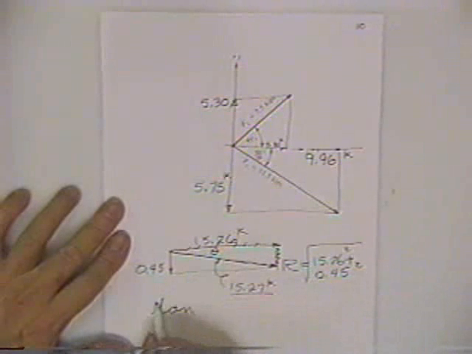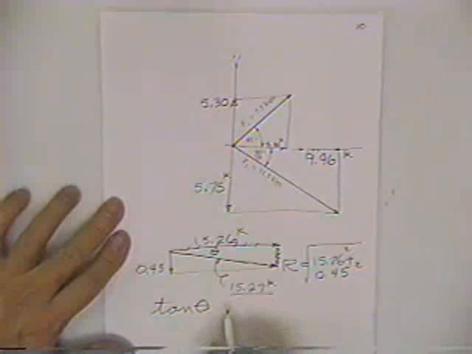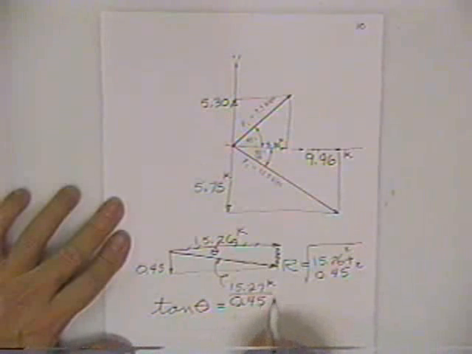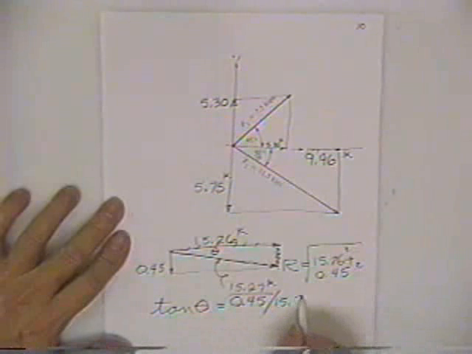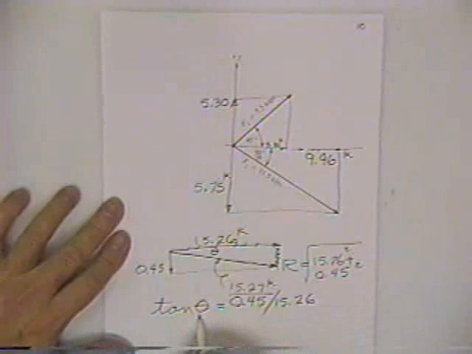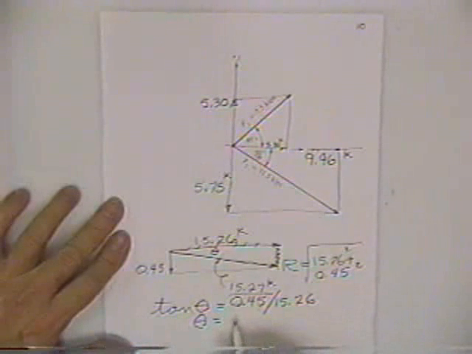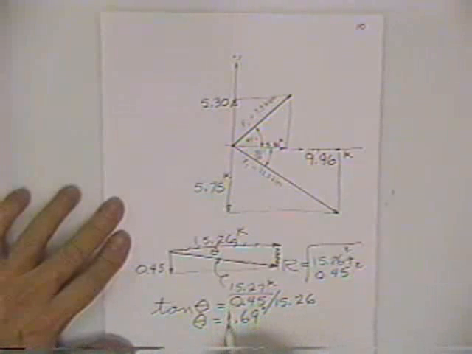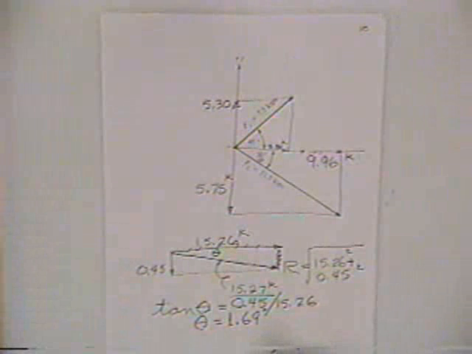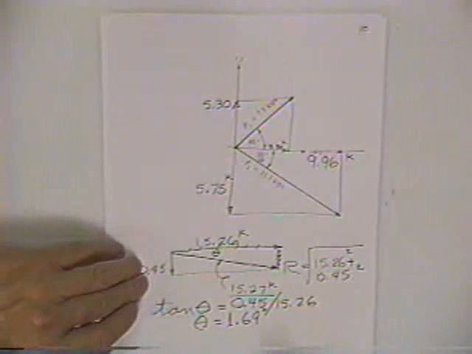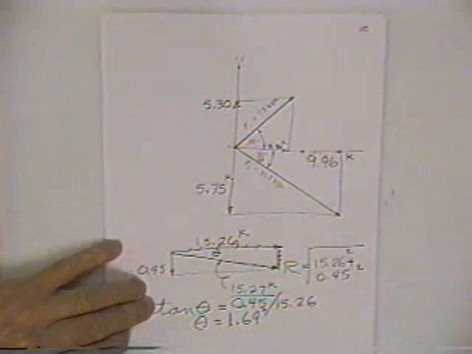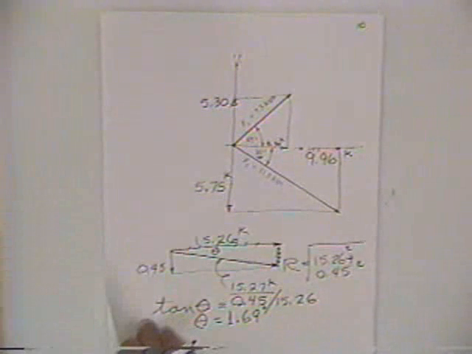So the tangent of theta would be opposite 0.45 divided by 15.26, and if you hit arctan on your calculator, you find that angle to be 1.69 degrees. So that's how you would take a force and resolve it into a pair of forces, or many forces, and resolve them into a single resulting force.